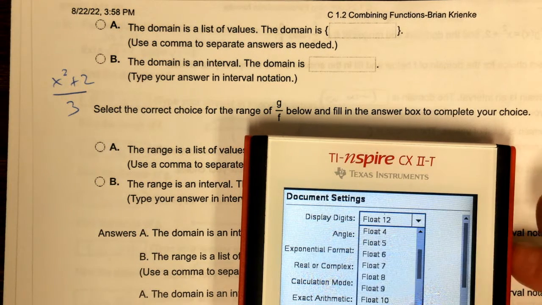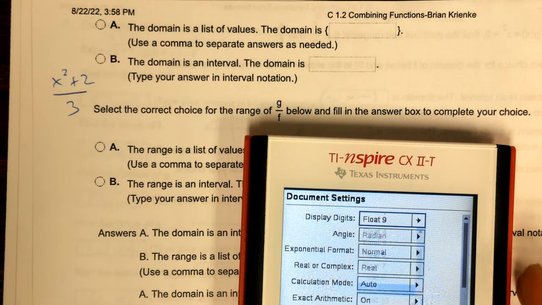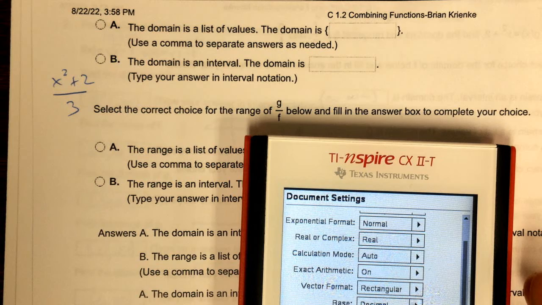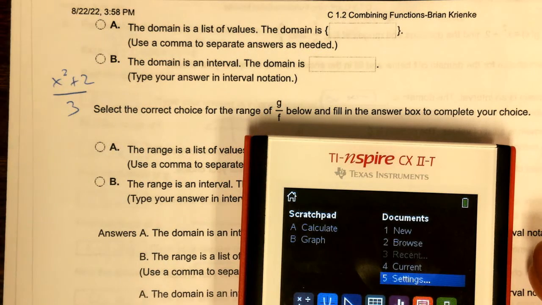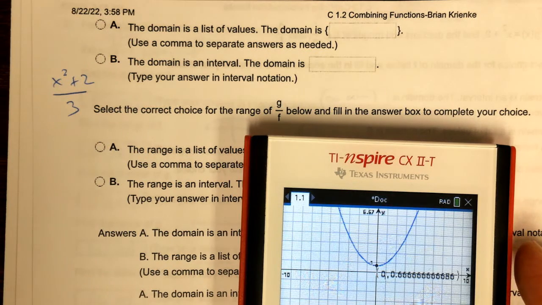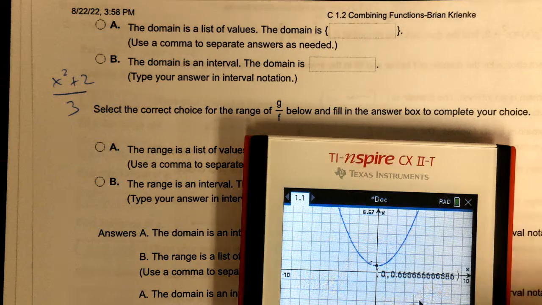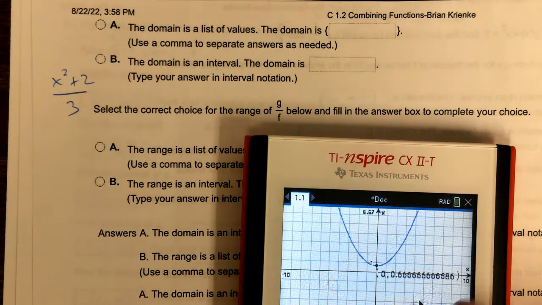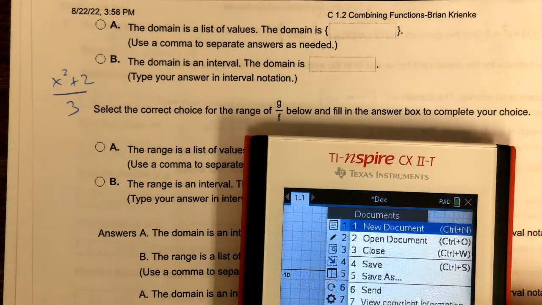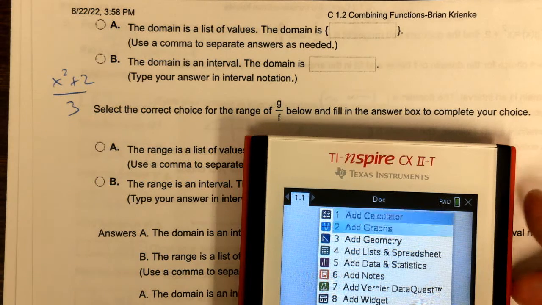What if we just use 9? I wonder if that makes it better. No. Well, let me try one more time, because it might have to refresh.